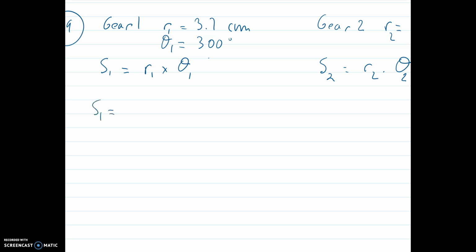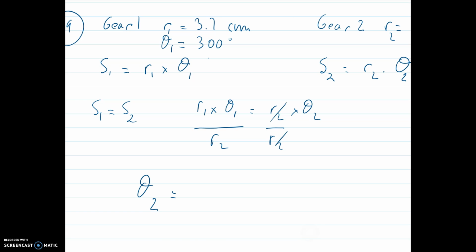Because I have a gear, I know the length of the arc of the two gears will be the same, and so I end up with R1 multiplied by theta 1 equal R2 multiplied by theta 2. Because I'm looking for the value of theta 2, I need to divide both sides by R2 to have theta 2 standing by itself.